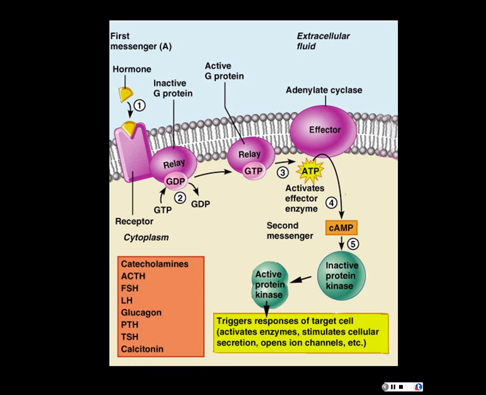Some examples of molecules that carry out second messenger pathways are listed in the far left. We'll cover these when we get into the endocrine system. Some hormones, you mentioned you knew these yesterday, FSH, follicle stimulating hormone, and luteinizing hormone. You might be familiar with glucagon, parathyroid hormone. They all activate second messengers.